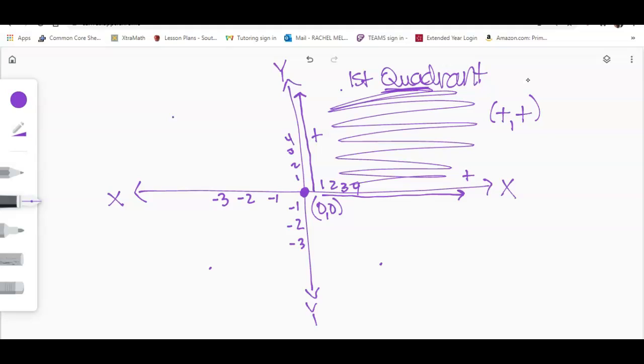So in this quadrant right here, my x-axis is positive and my y-axis is negative. In this quadrant right here, both of my coordinates are going to be negative. Over here, my first coordinate is negative and my second is positive.